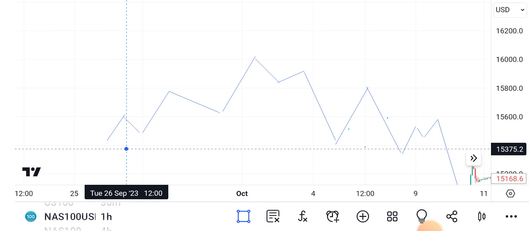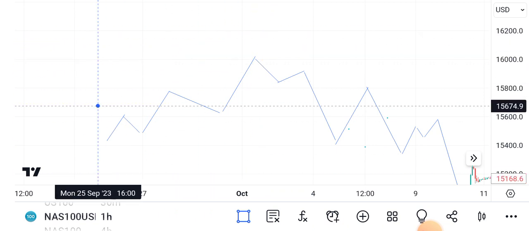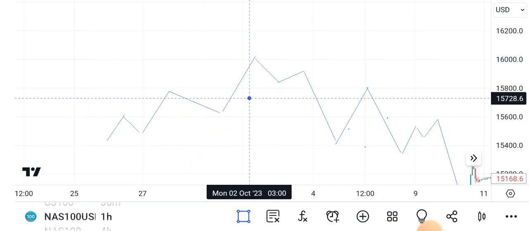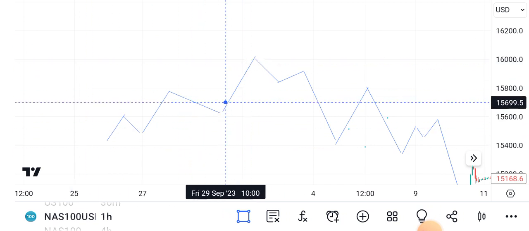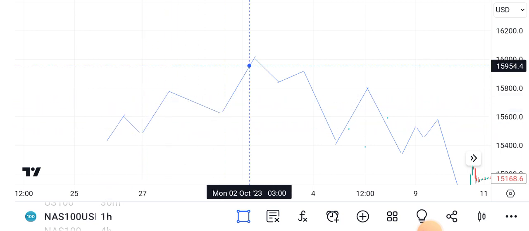So if you are on this area right here, you would be looking only to buy. For as long as the market gave you lows and highs, you'd want to buy.